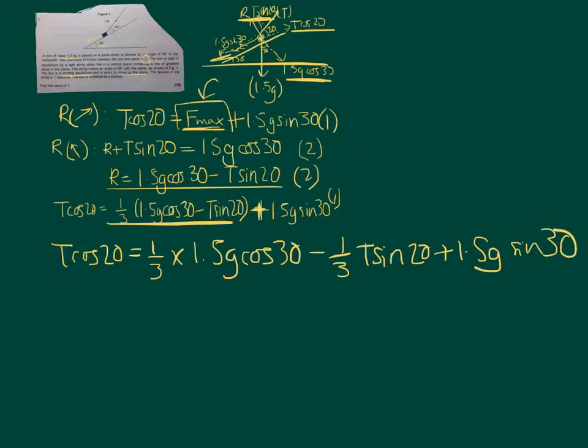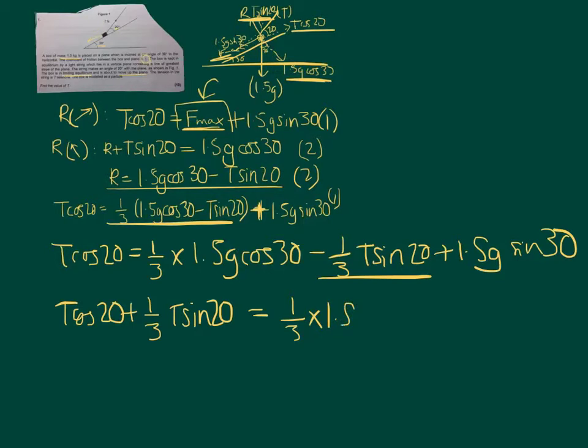Okay, now we want to get everything to do with T on one side and everything not to do with T on the other, so we add this to both sides, so we get T cos 20 plus 1/3 T sine 20 equals 1/3 times 1.5 g cos 30 plus 1.5 g sine 30.